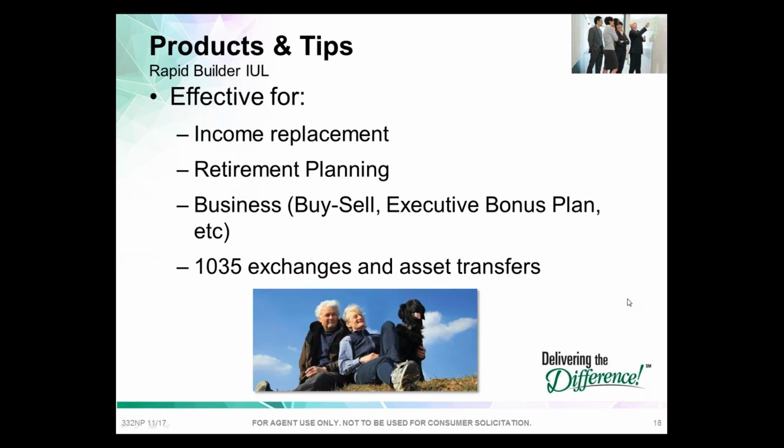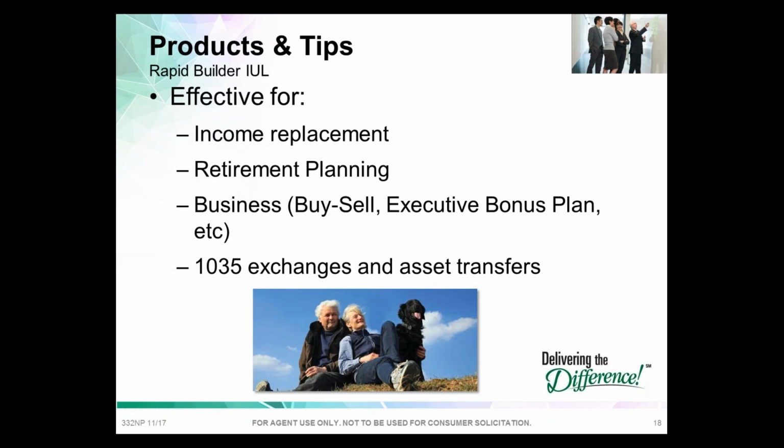Some of the sales concepts for the Rapid Builder are income replacement, again, that death benefit protection during your working years, and what if I need access to it for something else? You've got access to it. Retirement planning: yes, it can work for retirement planning, perhaps not as well as the Builder product, but if you've got a client who says, well, I really don't like the surrender charges that come with a Builder product, this is a way to overcome that objection.